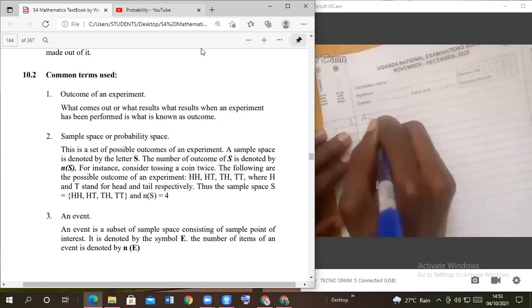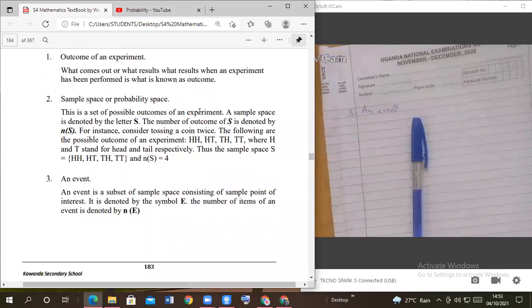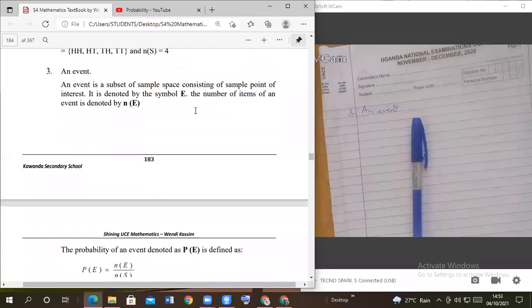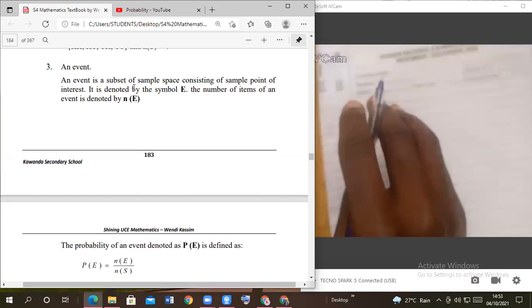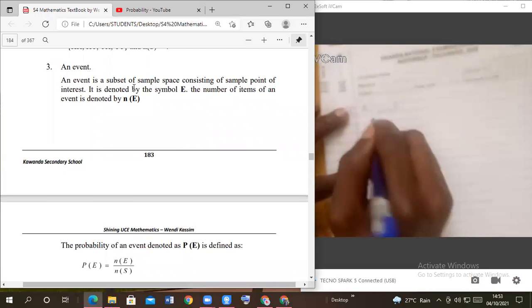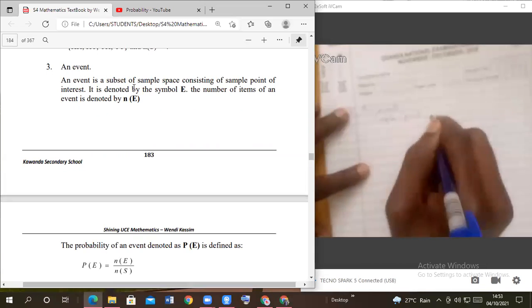An event. What do we mean when we talk of an event? Now, an event is a subset of a sample space consisting of sample points of interest. Here is what you are interested in. We talk of sample points of what?